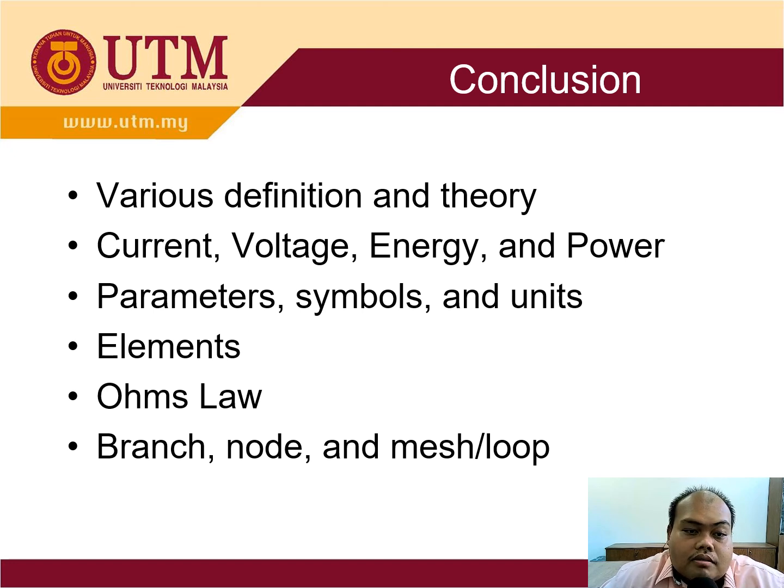You also need to memorize the parameters, symbols, and units, including reactance, impedance, and the table. Then you need to know the elements, which are active or passive. We also discussed Ohm's law, which is V equals IR. And lastly, we discussed the branch, node, and mesh or loop.